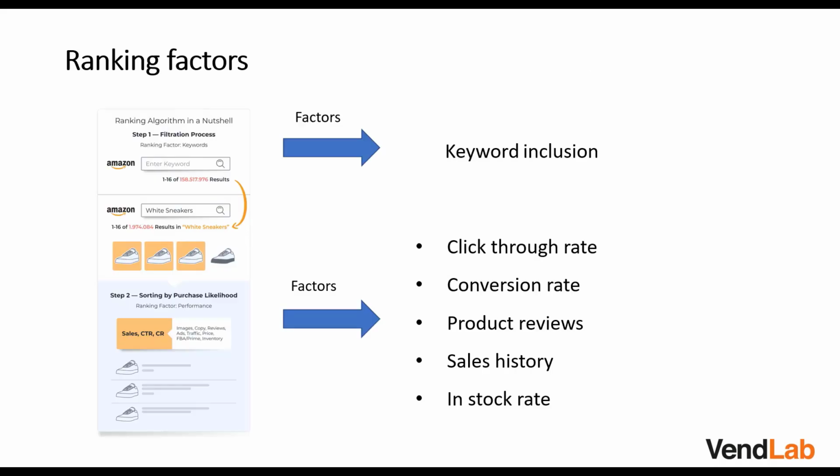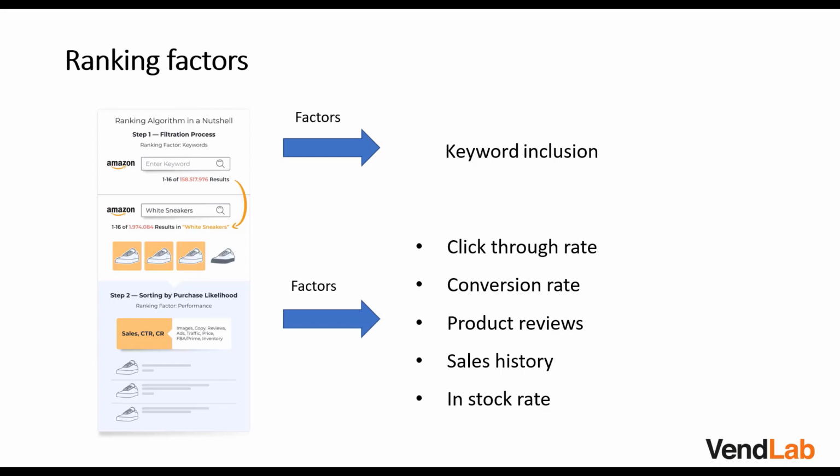So how does Amazon generate a list of search results? To begin with, a user will enter a keyword search. In order to appear at all for this keyword search, you must have that keyword in your listing. As can be seen in this diagram, this is step one, the filtration process. Amazon will filter for items which contain that keyword. It will then look at the performance of listings to decide which one should be ranked highest.